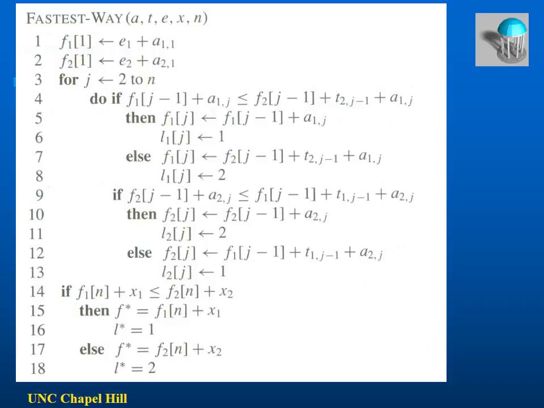So there's a loop over the stages, and then when you finish, you have the values of f1 of n and f2 of n, and this final check outside of the loop is to add the last stage and record whether we end up coming out of line 1 or coming out of line 2.